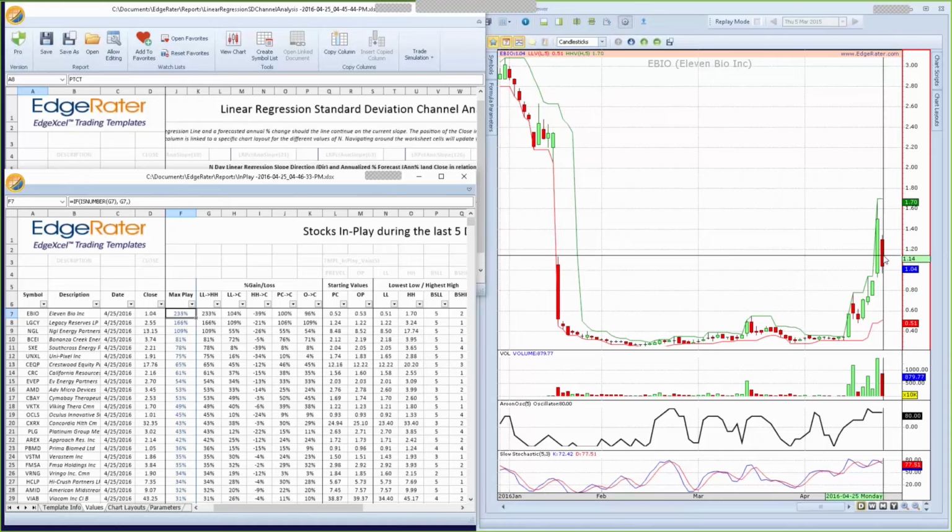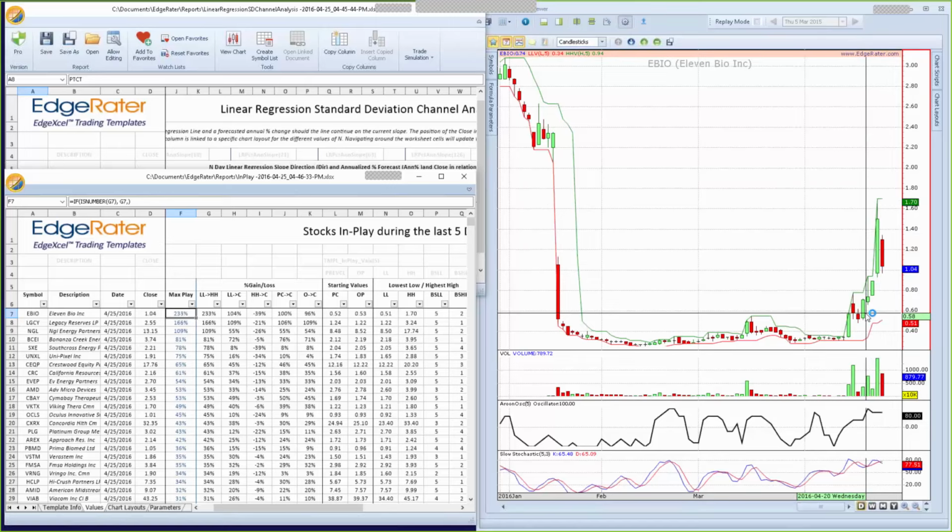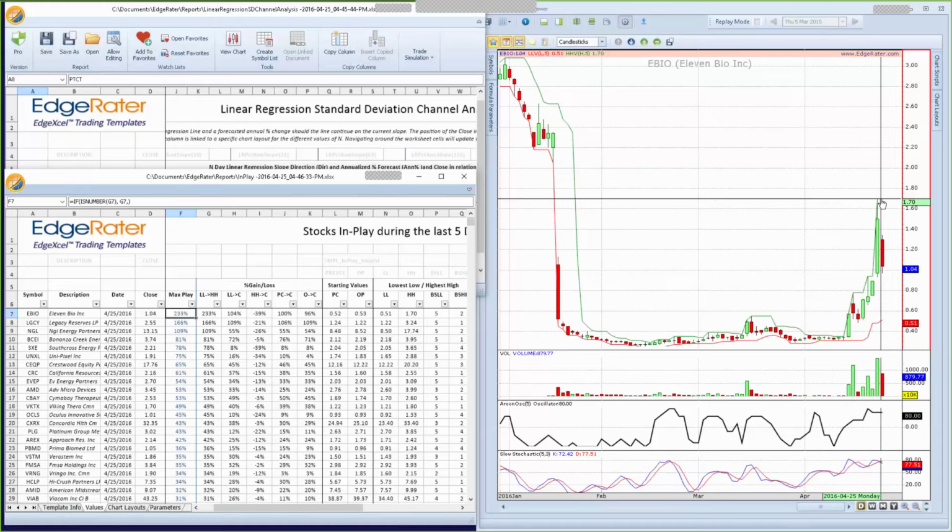So when we look at the chart, the green line is your highest high over 5 days, the red line is the lowest low over 5 days. So we'll look at 5 bars, 1, 2, 3, 4, 5. You can see today, the lowest low over 5 days was the fifth bar ago. So we've got a max play of 233% between this lowest low here and this highest high here.